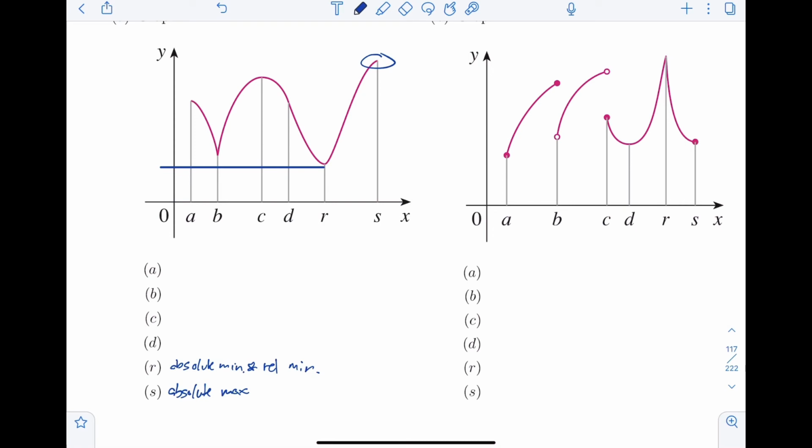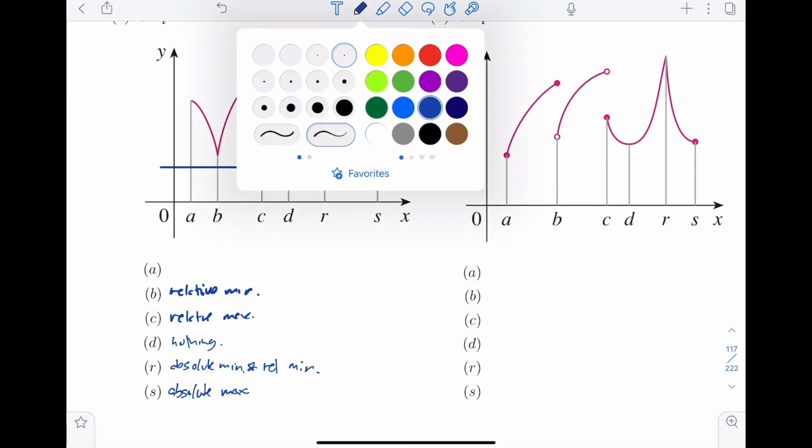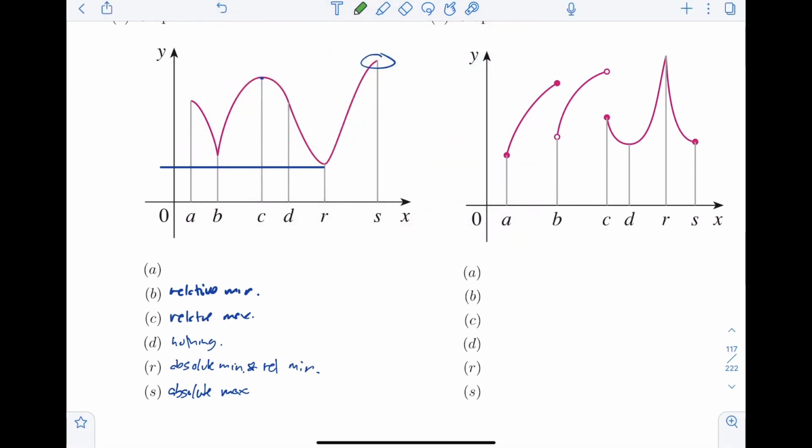I see that D, nothing happens. C up here, C is going to be a relative max. B is going to be a relative min. Okay, and again, according to our book, A would be nothing, but I'm okay with calling A, book: nothing, me: relative max. Same thing with S, book: nothing, me: relative max. Okay, I'm okay with that answer.